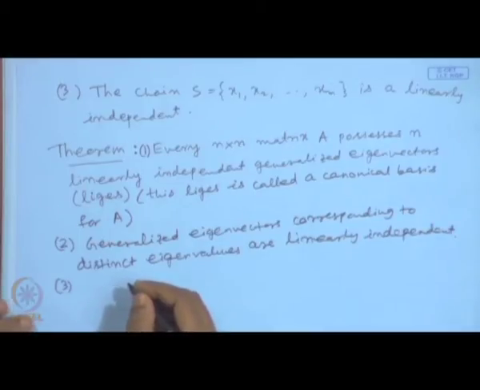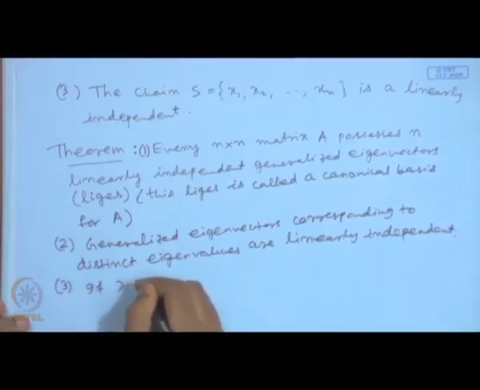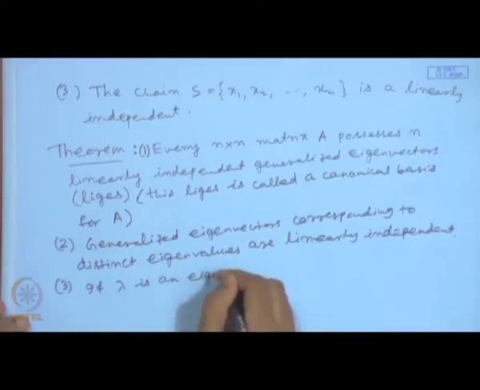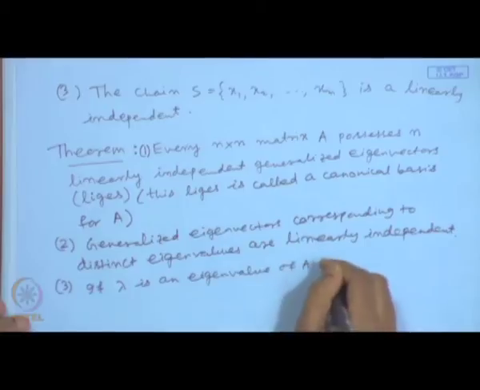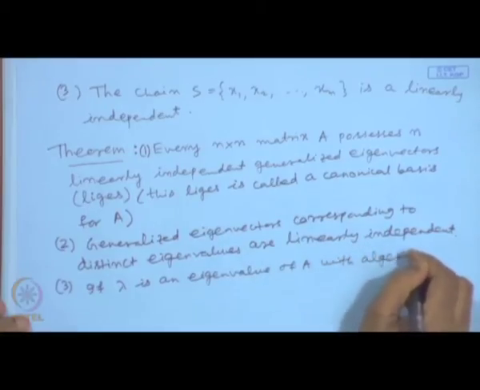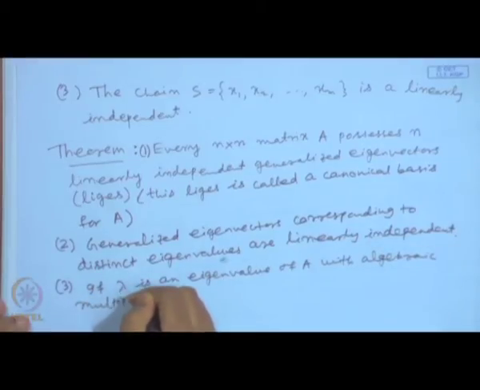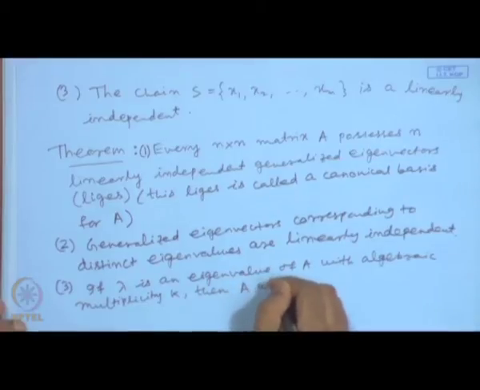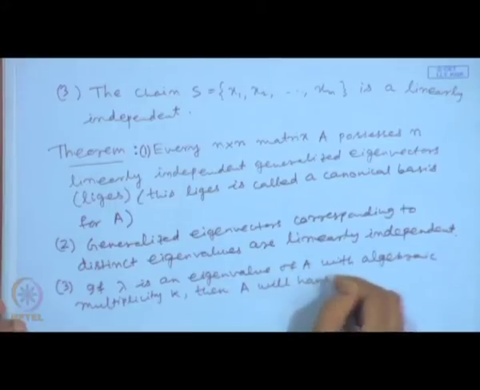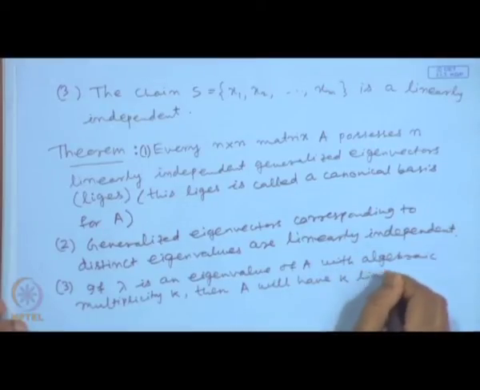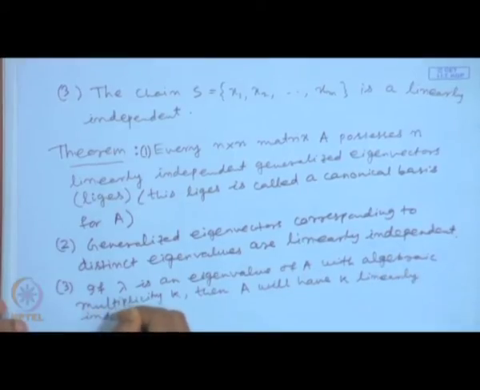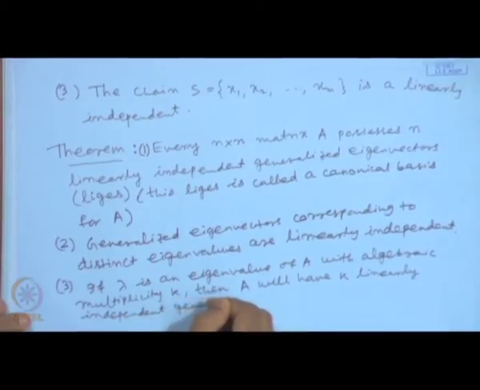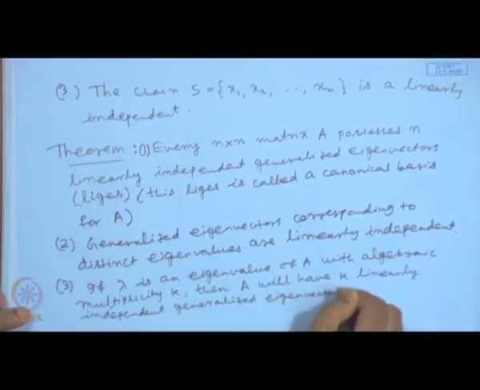So, another important property is that if λ is an eigenvalue of A with algebraic multiplicity k, then A will have k linearly independent generalized eigenvectors, or LIGES.